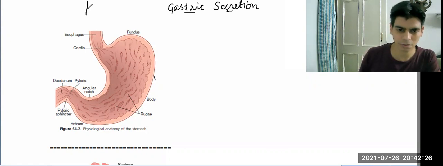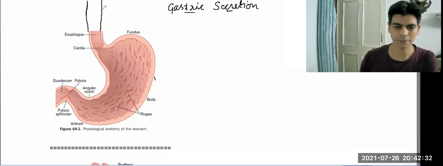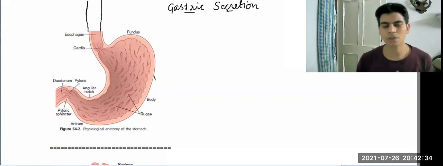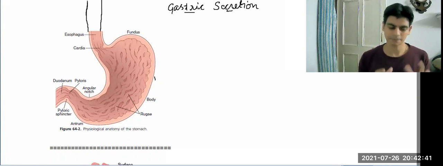If this is how the esophagus looks, it's connected to the stomach, right? And we know that the only function of the esophagus is to propel food towards the stomach. To propel food towards the stomach, your esophagus should be smooth, and this smoothness is provided by the mucous secretion.